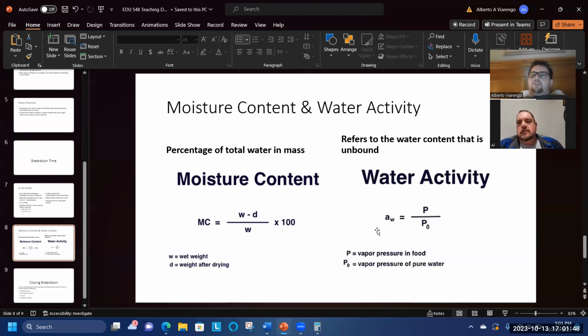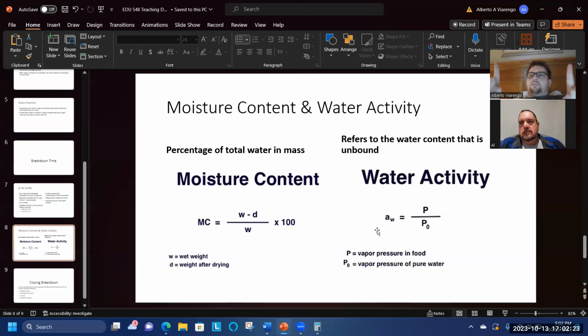Basically, you take the vapor pressure of the water coming off the food, and divide it by the vapor pressure coming off pure water, and that gets you your water activity. Some will leave it as a ratio like that, others will divide it out into its corresponding decimal form.